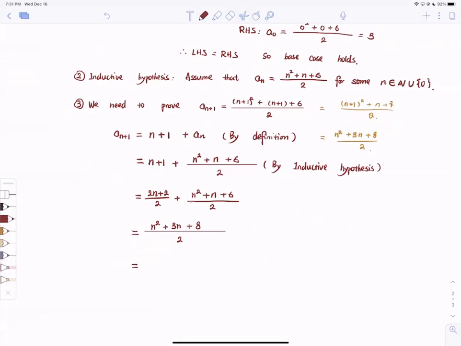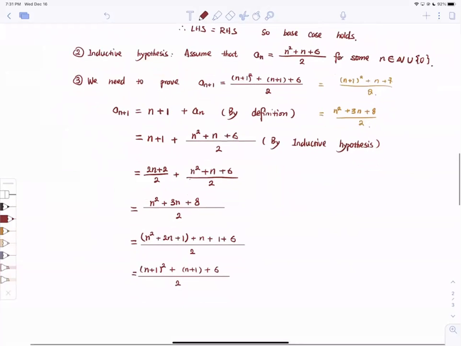So now I want to go back to this. So I know this equals n squared plus 2n plus 1 plus n plus 7. So I'm going to write 7 as 1 plus 6 over 2. And this part will give me n plus 1 squared plus n plus 1 plus 6 over 2.